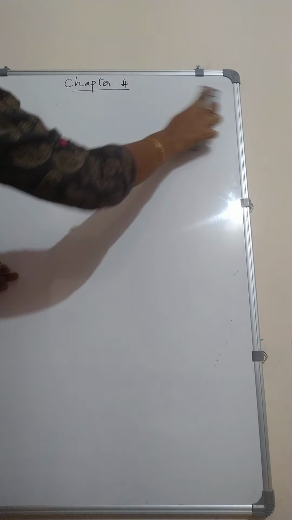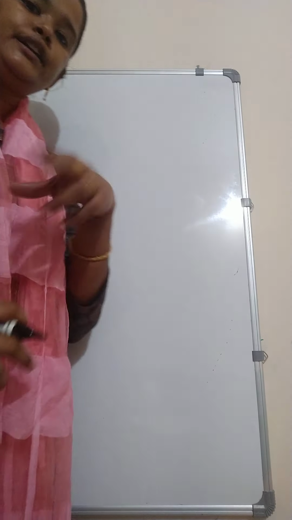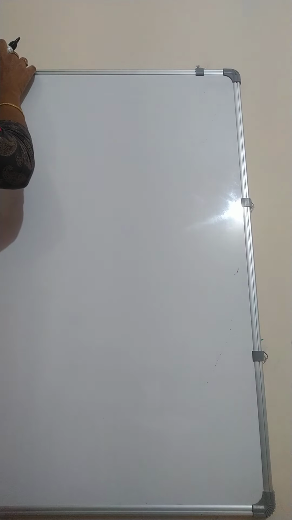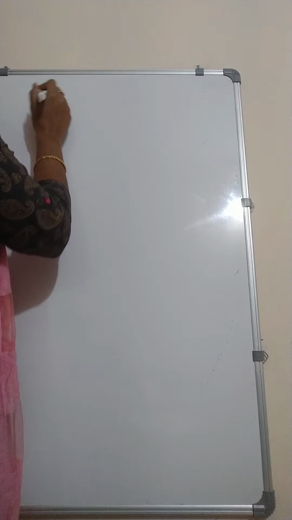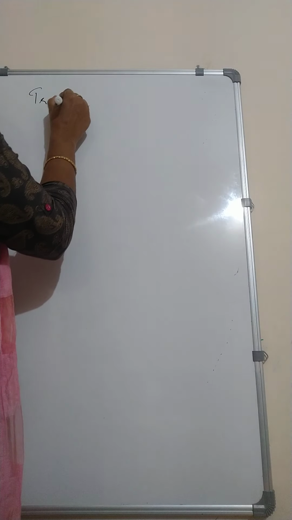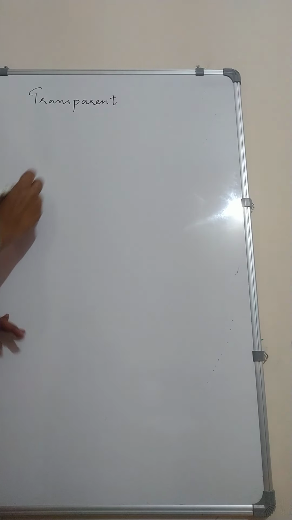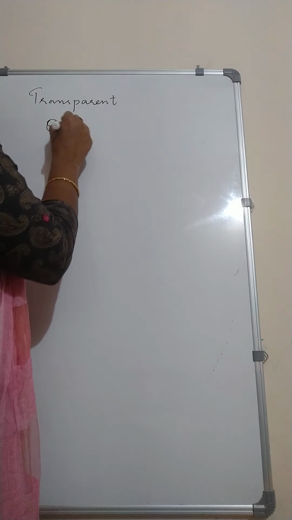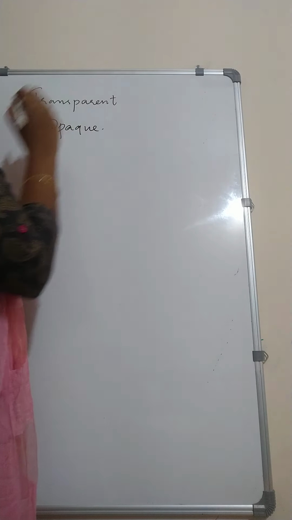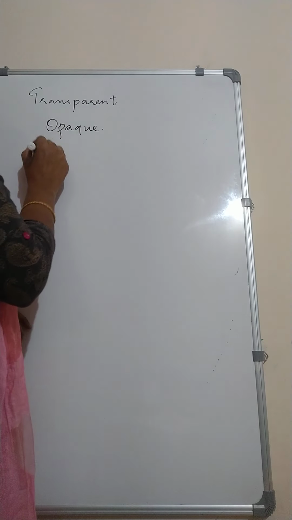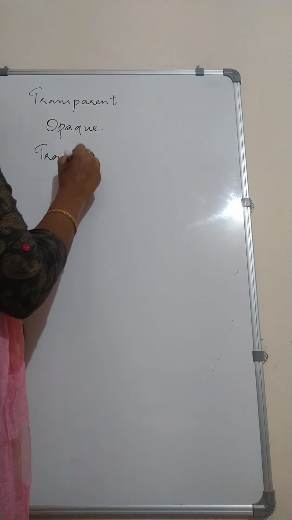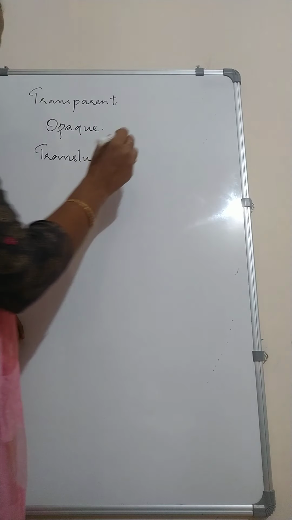Again, materials are divided into three types. They are called transparent materials, opaque materials, and translucent materials.